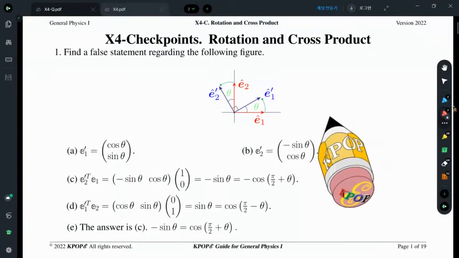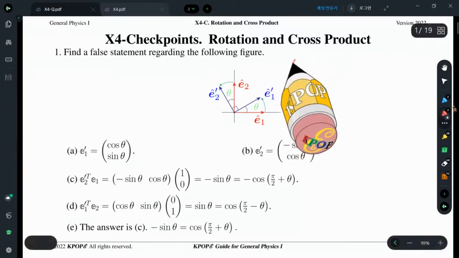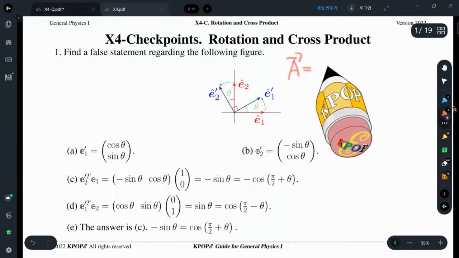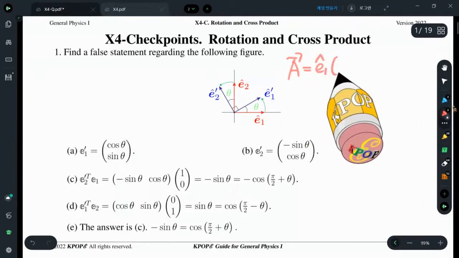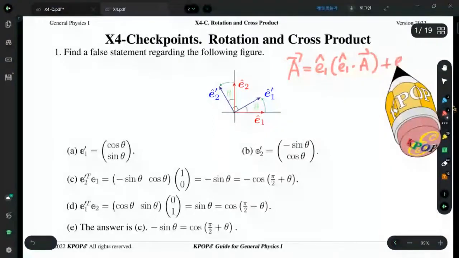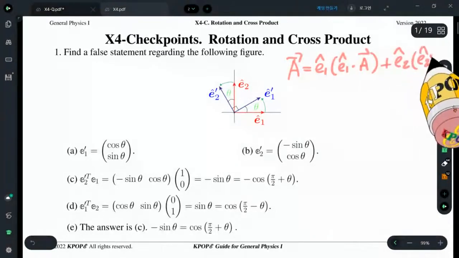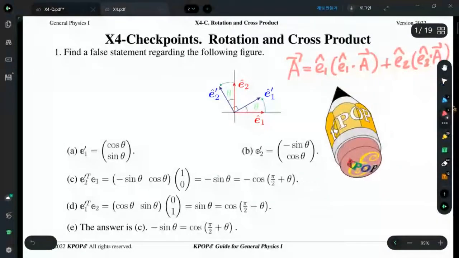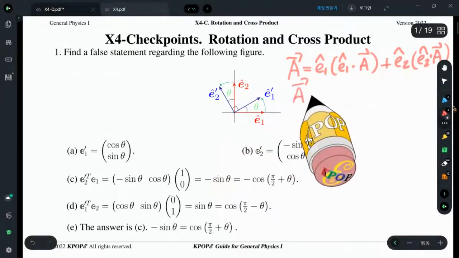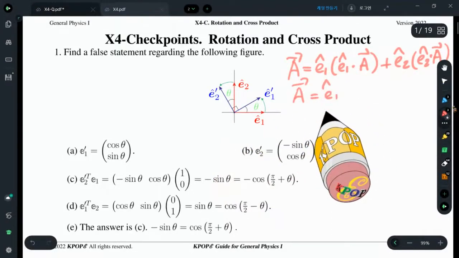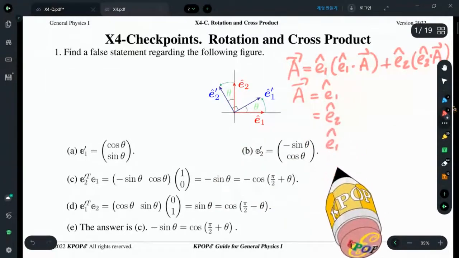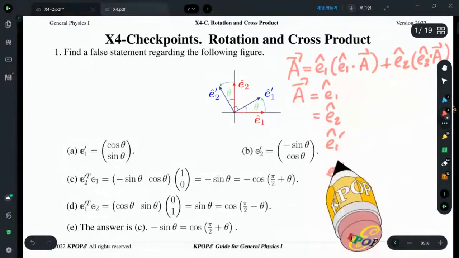So we describe any vector. The completeness relation gives E1 hat dot A plus E2 hat dot A. And in here, A is E1 prime, E1, E2, E1 prime, E2 prime.